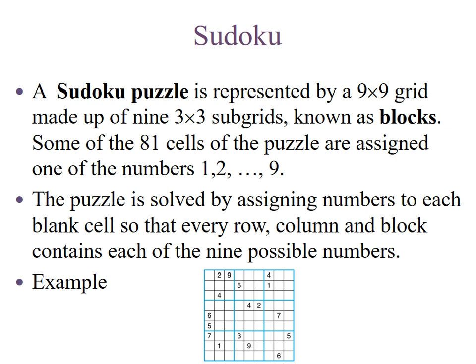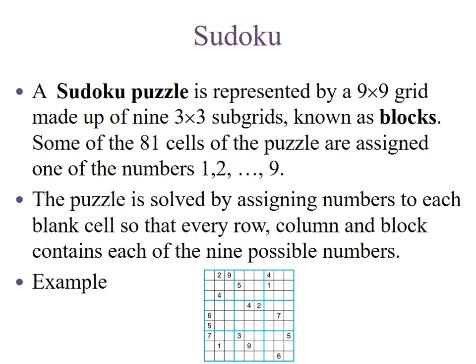In each column and row, you need to assign different numbers. So in one row and one column, each of them is different.